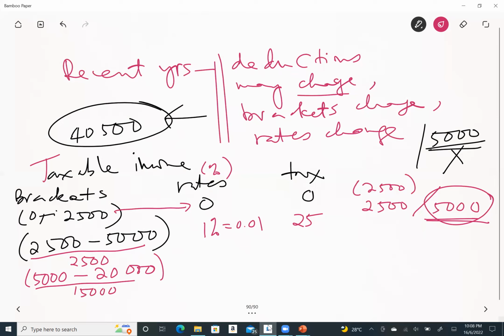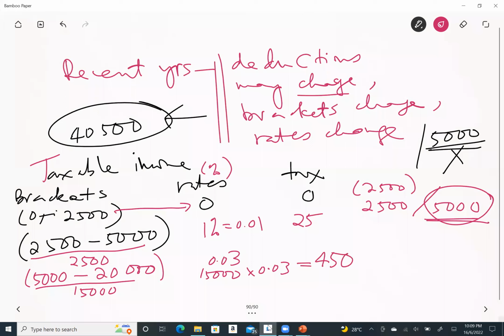So 15,000 at 3%, 0.03. So you multiply that. I think we should put another step here. 15,000 multiply 0.03. Then you get the amount here. How much? 450.